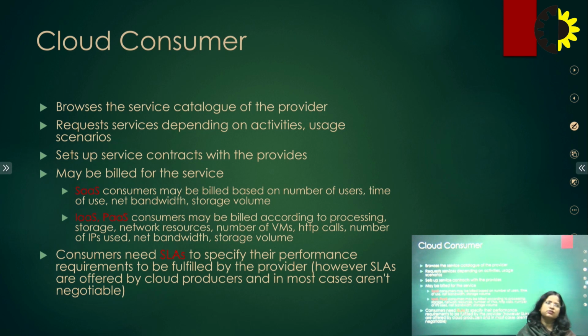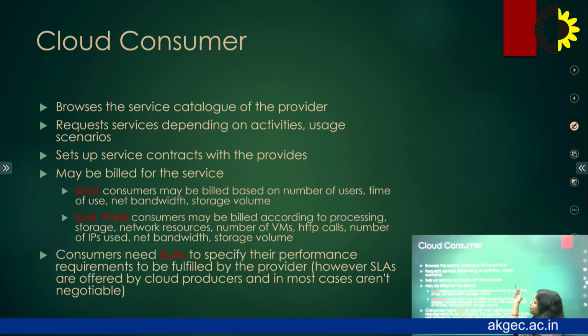First is the cloud consumer. There is a catalog in which all the services provided by the cloud provider are mentioned. If a cloud consumer needs any service, they browse that catalog, find the basic description of the services, and according to their need, search for a particular service.